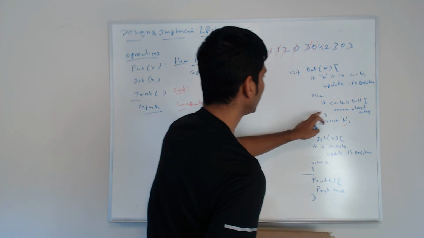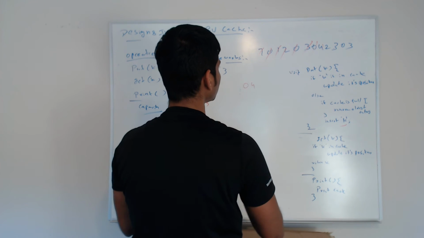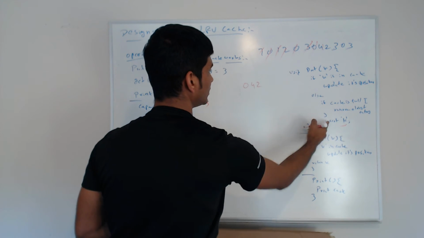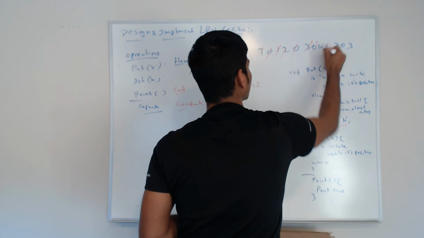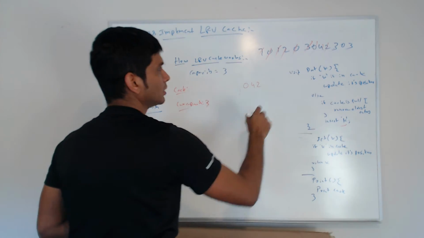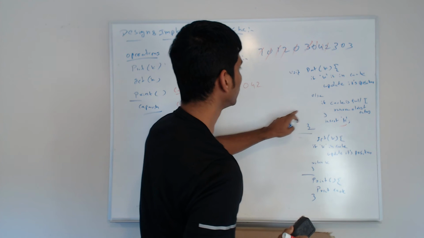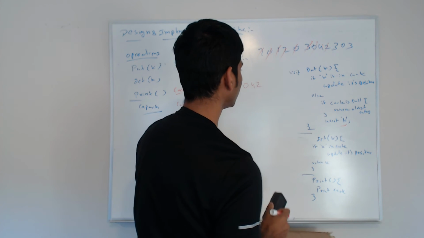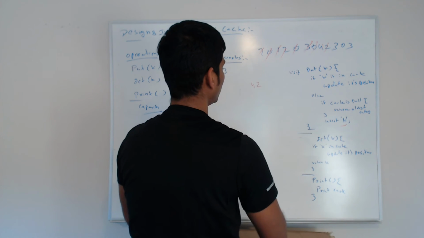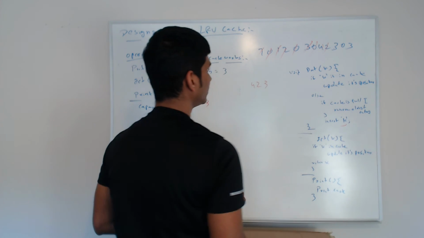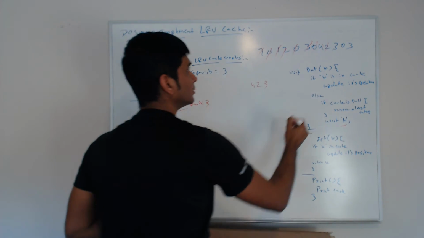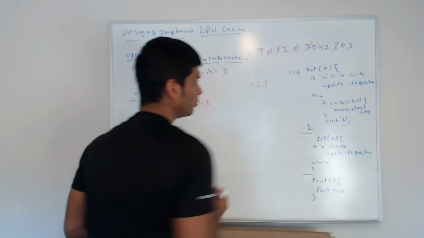Yes. We remove the oldest entry and insert 2 here. Next we call put on 3. Is 3 in cache? No. Is the cache full? Yes. So we remove the oldest entry and insert 3. So this is how put works.